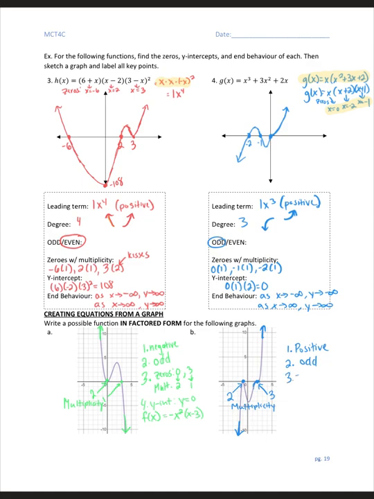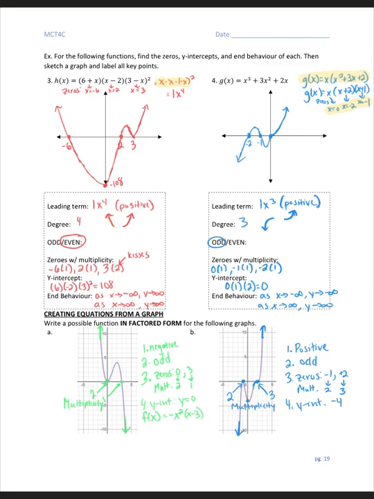Our zeros are at -1 and +2, and if we put with them their multiplicity, at -1 we have a multiplicity of 2, and at +2 we have a multiplicity of 3. And then finally, our y-intercept we can just see by looking at the graph right there, 1, 2, 3, 4. Our y-intercept is at -4.